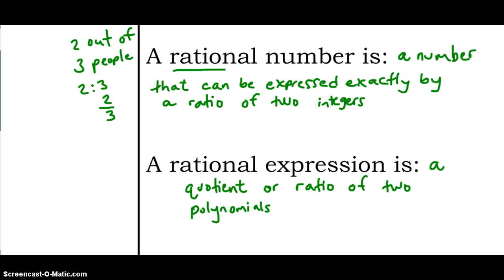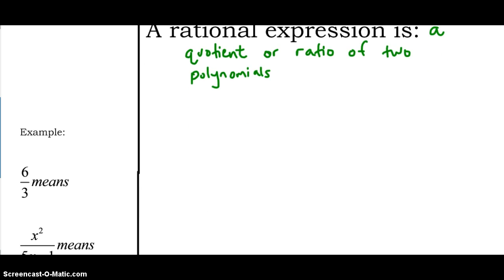Let's look at some examples. One example, a rational number, is 6 over 3. Remember, 6 over 3 means 6 divided by 3, which obviously means also 2.